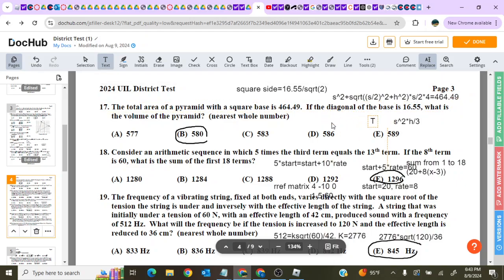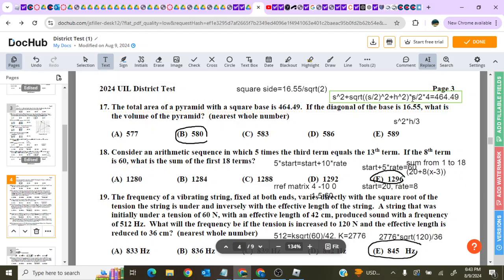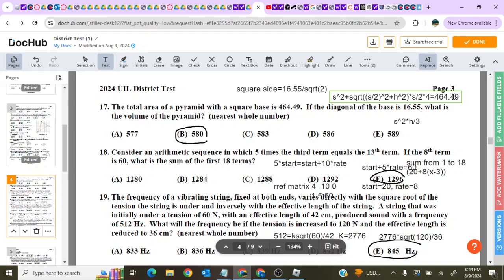To figure out the height of the triangle, you have to use Pythagorean theorem: your side length over 2 squared plus your unknown height squared. Then because it's a triangle, you multiply by your base and divide by 2. And since there are 4 triangles, you multiply by 4. And you can get an h value based on that.